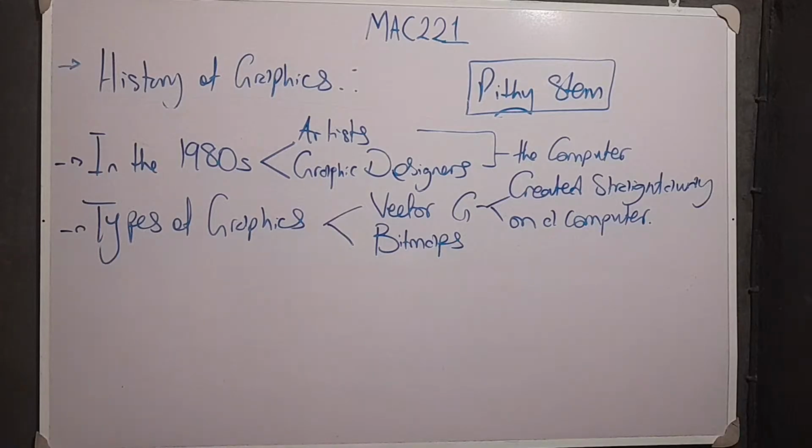So your camera gets you the quality image, your scanner gets you the scanned document, then your computer takes it up from there. So let's note that bitmaps require a third party.